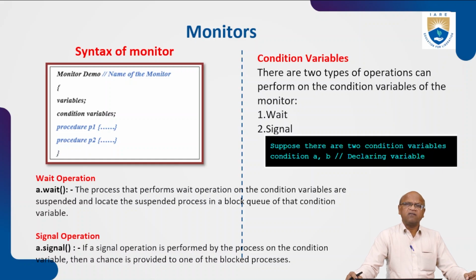Wait is the one which keeps the processes outside the critical section, and whenever the work is completed by one process, the signal is automatically sent to the other processes. So other processes will be activated and they will make use of the shared memory or shared documents. Suppose there are two condition variables, condition A and B, declaring variables.